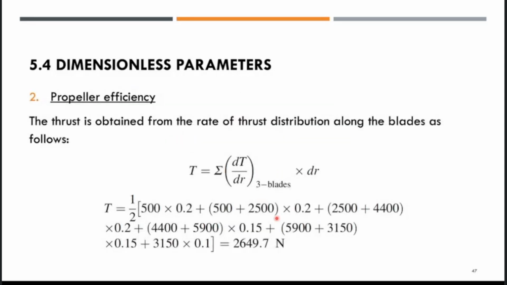Just to note here, this is for different locations on the propeller itself. You can have the first, second, third, fourth and fifth, so you can try to go through and see whether you get the value. And this is for dT over dr, for the 3 blade elements times the small change dr.